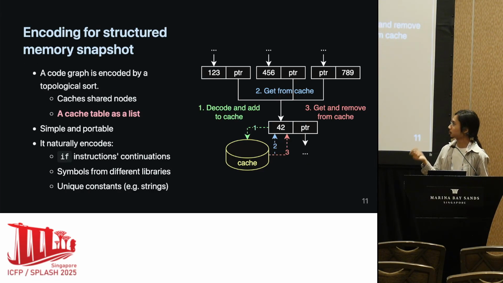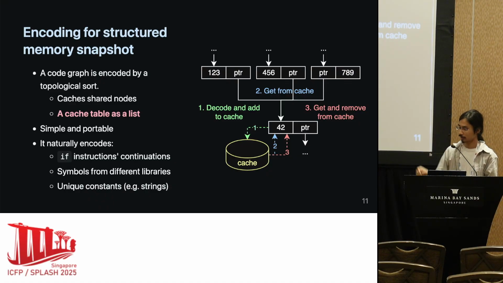How do we encode this code graph, and how is it different from Ruby Scheme? In contrast to Ruby Scheme, Stak Scheme's code graph encoding is conceptually closer to a structured memory snapshot. So you can basically transfer the exact heap memory state inside the compiler into the virtual machine.